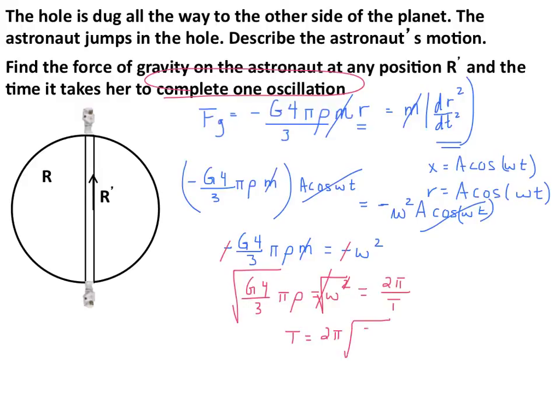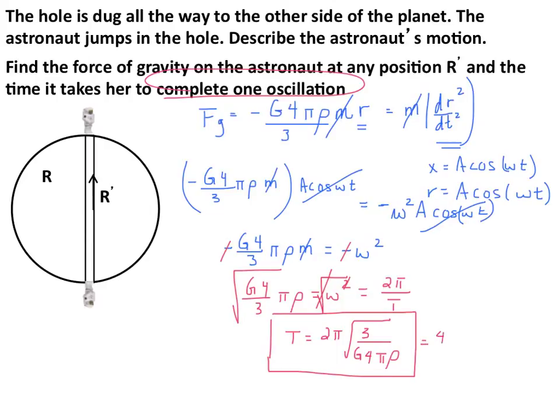So this is the square root of 3 over G 4 pi times rho. This is the time it takes to complete one cycle. If you plug in all of your numbers, you should get a period of 4,492.9 seconds, which is about 75 minutes.